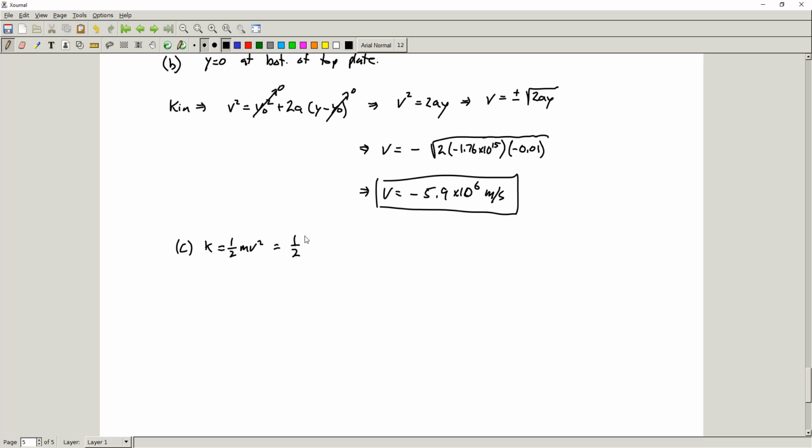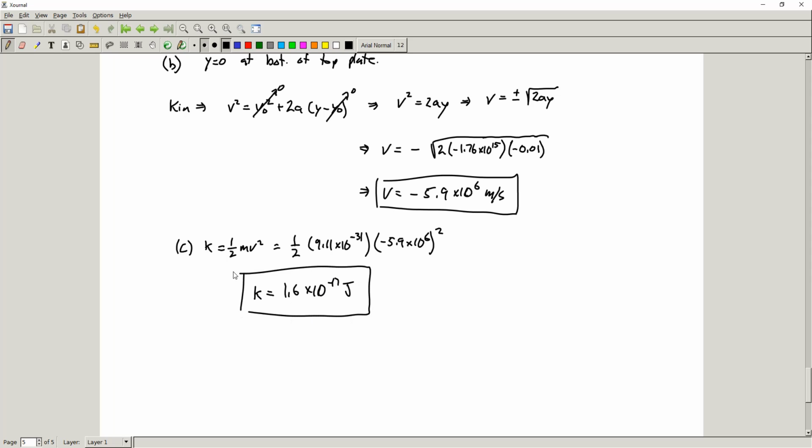We end up with 1/2 times m, which was this value here, and we need a v squared, so that's going to be this value squared. And if you do the calculation, you're going to find that the kinetic energy is equal to 1.6 times 10 to the minus 17 joules. Okay, and that's the answer to part C.